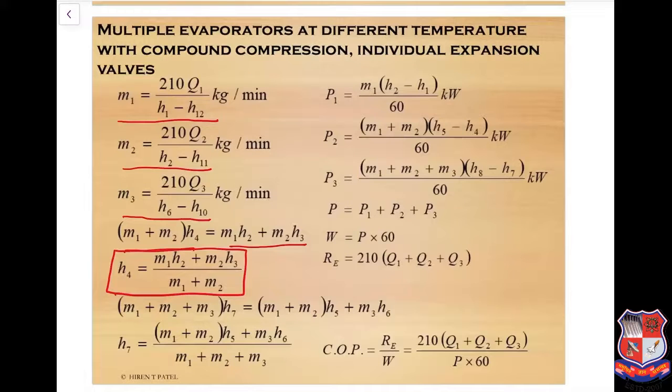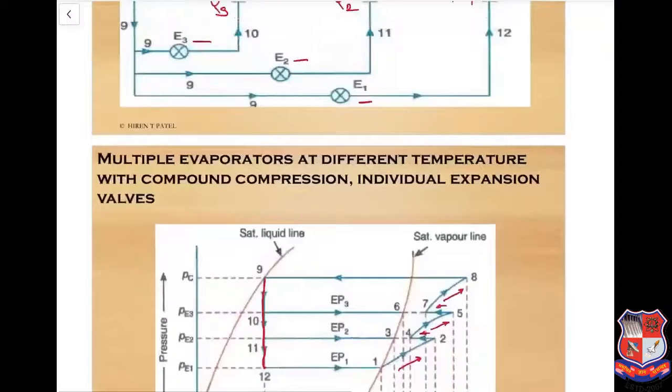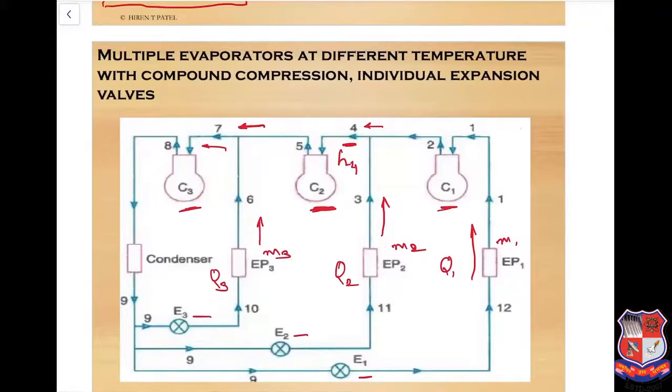In the same manner we can also find out H7. So the total mass here is M1 and M2. Here at 4 it is M1 plus M2 into H4, and here at 7 it is M1 plus M2 plus M3 into H7.